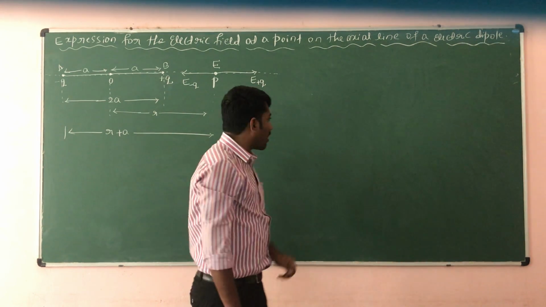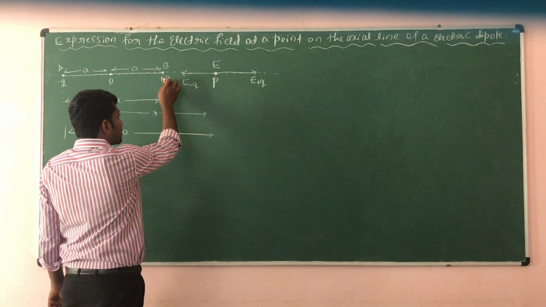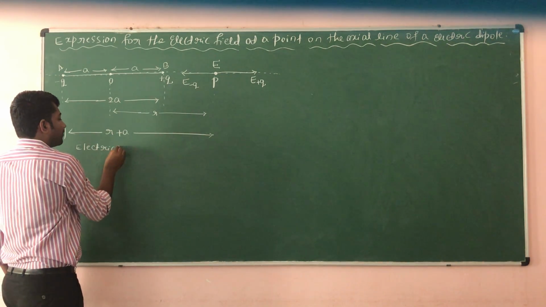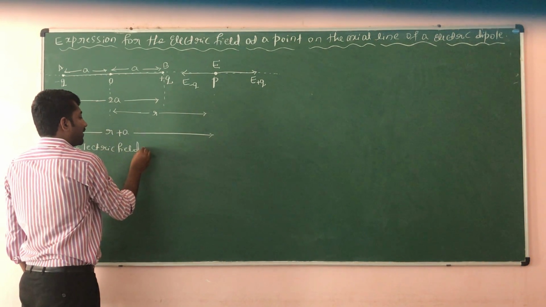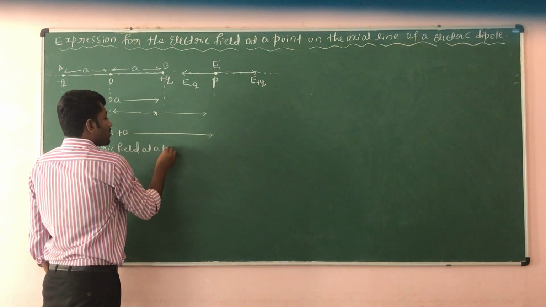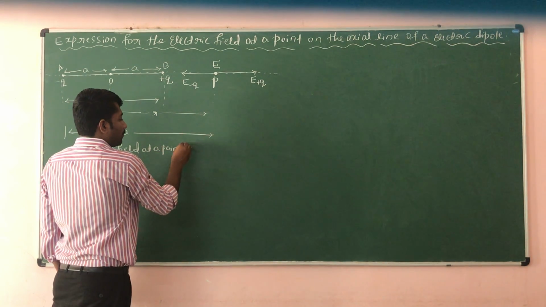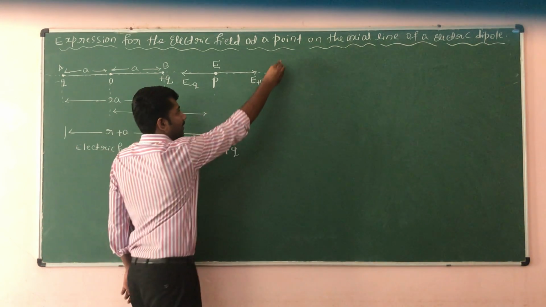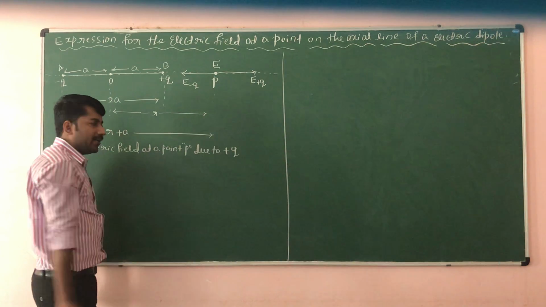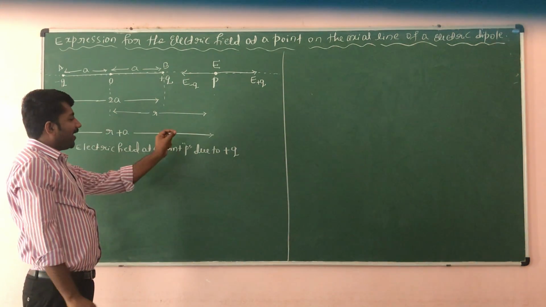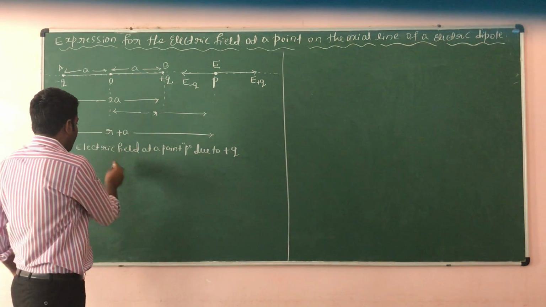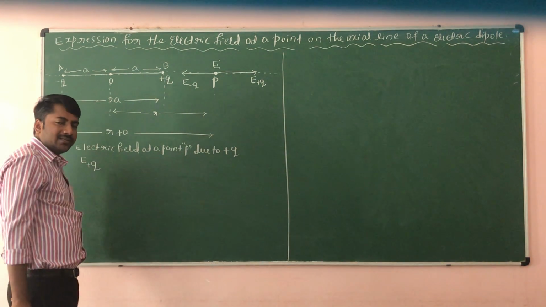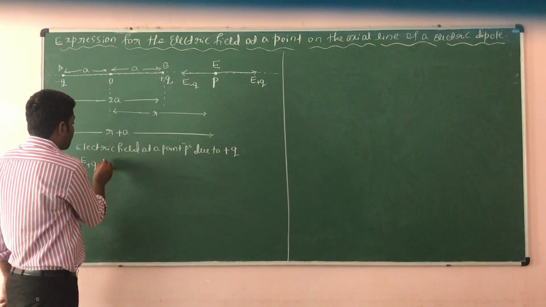Using that formula, the electric field due to this positive charge. Here, electric field at a point P due to the positive charge, that is E plus Q. Electric field at a point P due to this positive charge.